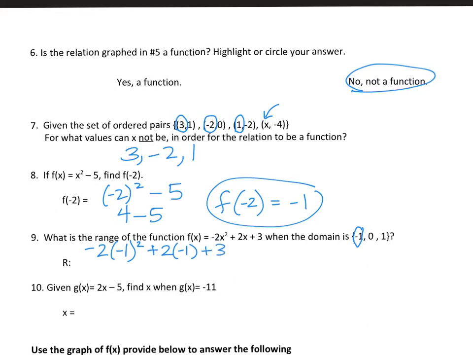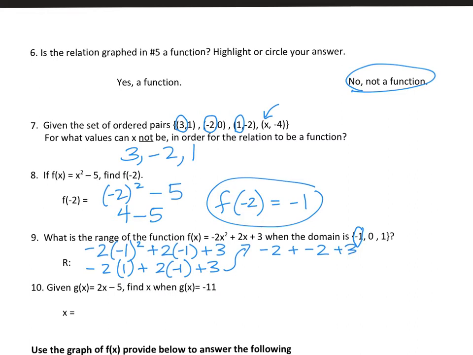Okay, we got to do our exponent first. -1 times -1 is +1. Now we have -2 times +1, that's -2. Again, +2 times -1, that's -2. And then we have +3.